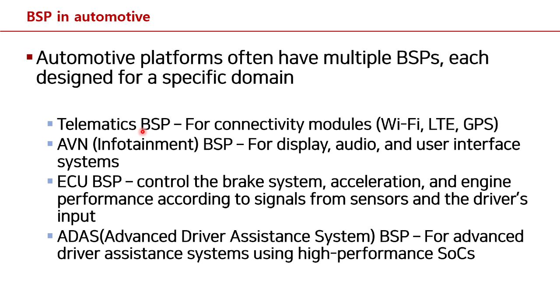Let's suppose that you want to connect your car with a wireless network. In this case, there must be a modem in your vehicle. The main job of telematics BSP is to support connectivity, such as Wi-Fi, LTE, and GPS.